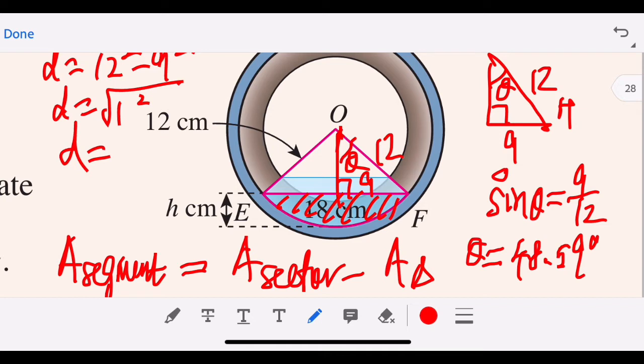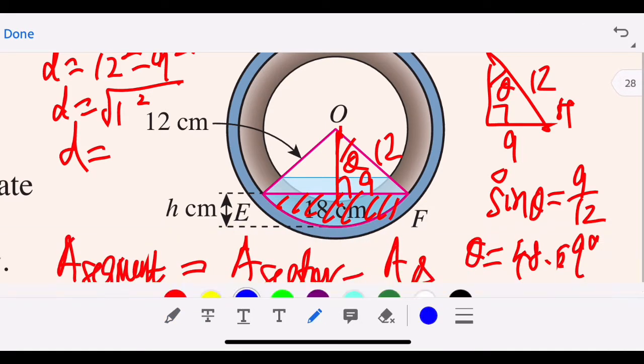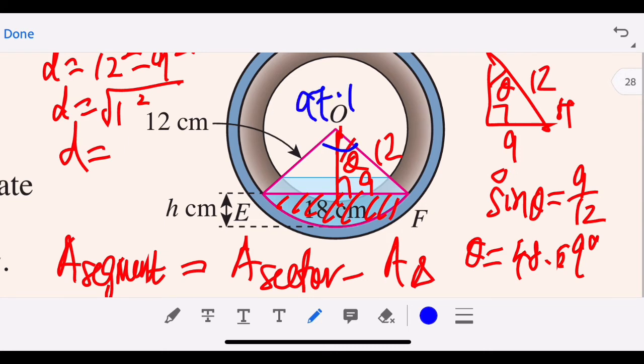We have to times 2, we will get 97.18. That means the whole angle here is double, 97.1808 degree.